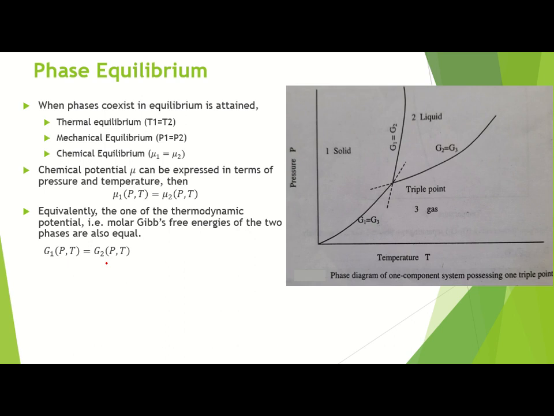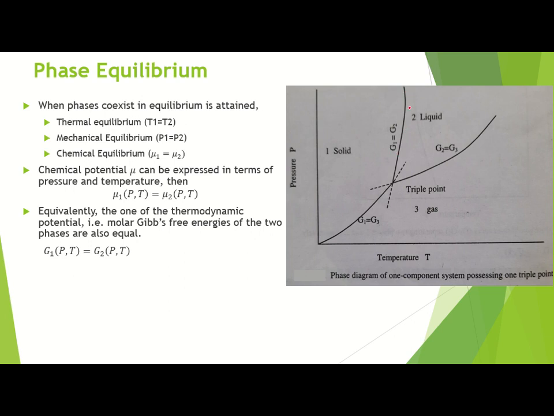So this is how your phase diagram will look if we talk everything in terms of the Gibbs free energy. We have this first region where the solid phase of the matter exists, and then we have a liquid region, and then this is the gaseous region. So we are naming these as phase 1, phase 2, and phase 3. There will be a boundary between phase 1 and phase 2. That is the curve across which you can have phase transition.